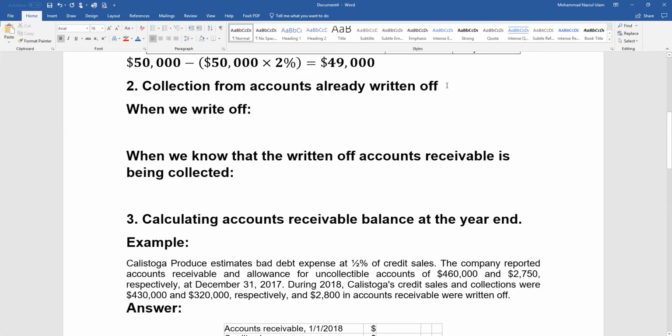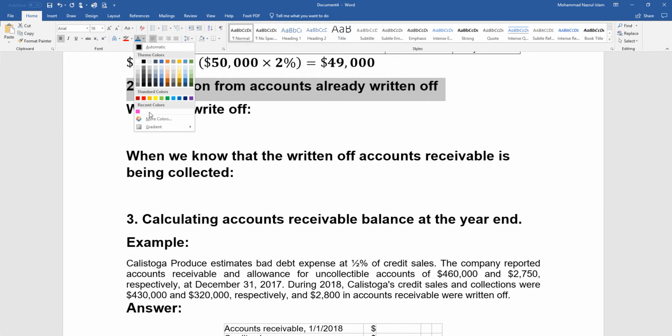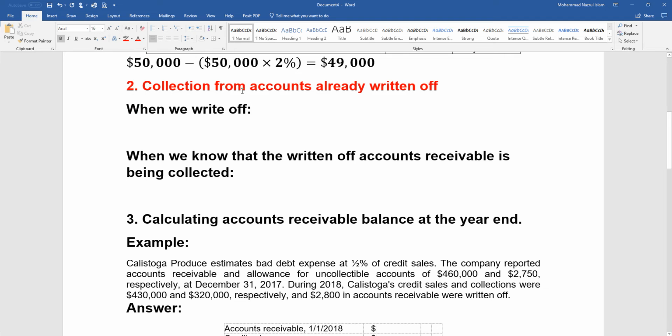Now number 2, be careful about this one, that is collection from accounts that have already been written off. Let's know the steps. The first one, when we write off an account, what do we do?